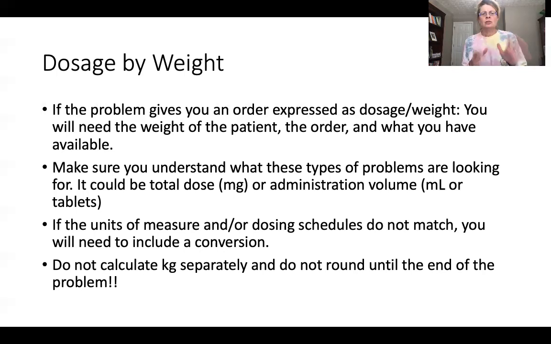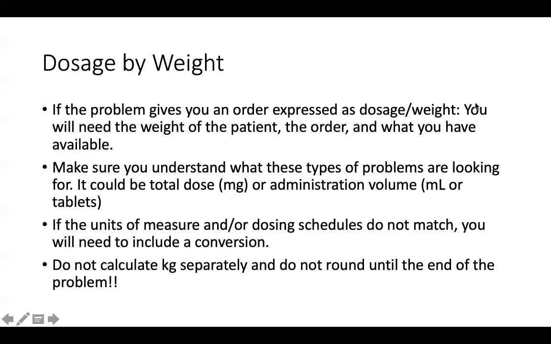So we'll start with the dosage by weight, and we'll go through and discuss how to do those, and then we will come back and discuss the safe dosage type problems. Okay. All right. So let me stop this, and then we'll get started.